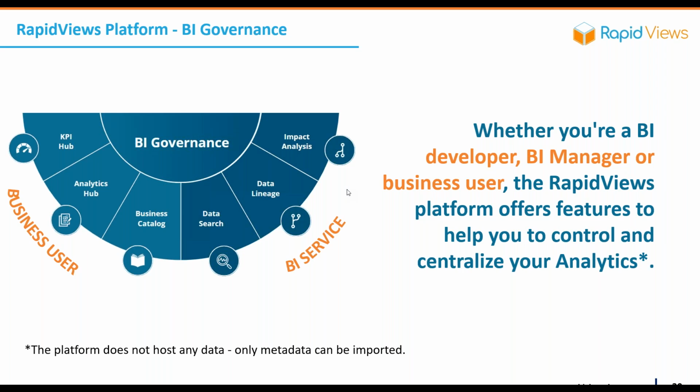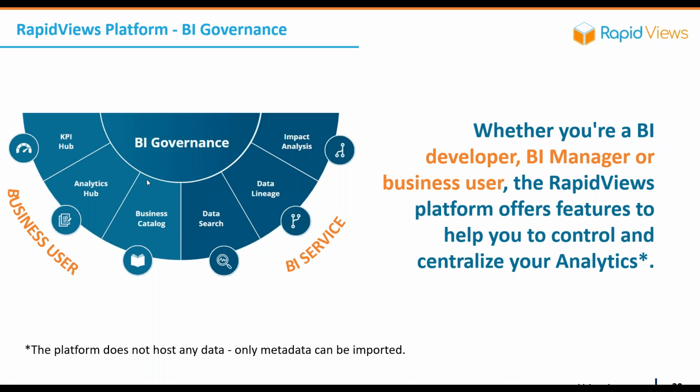What if, because you have all of that in one centralized place, you could provide capabilities and features for the BI manager, like data lineage, impact analysis, and data search? And for the end user, what if you could see any of your reports per business process?